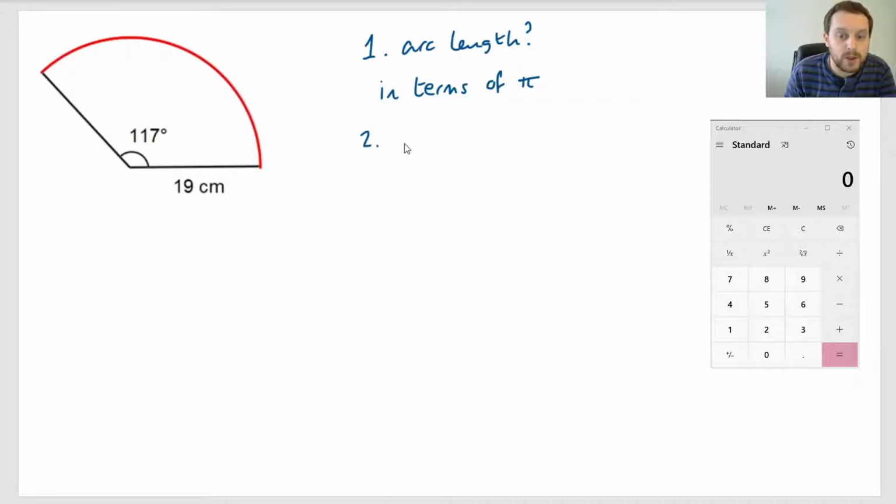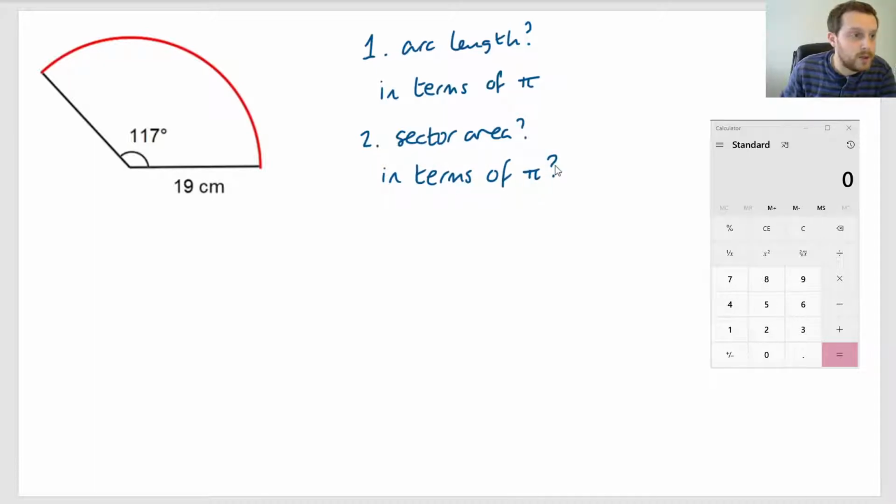And maybe question 2 is the sector area, again, in terms of pi. And so the question is how are we going to do this when our calculator just has these buttons? Well, you go as far as you can, and then I'll show you what to do.